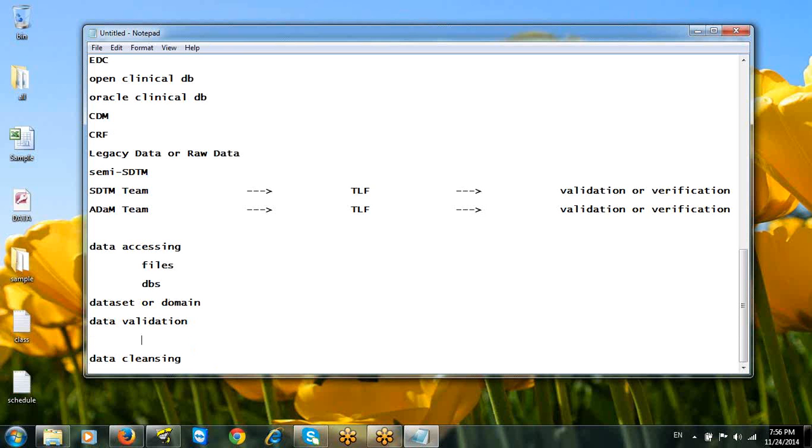Remember that we will do it by the standard operating procedure, which is developed from the protocol. Protocol means, sorry, it is nothing but the trial design.